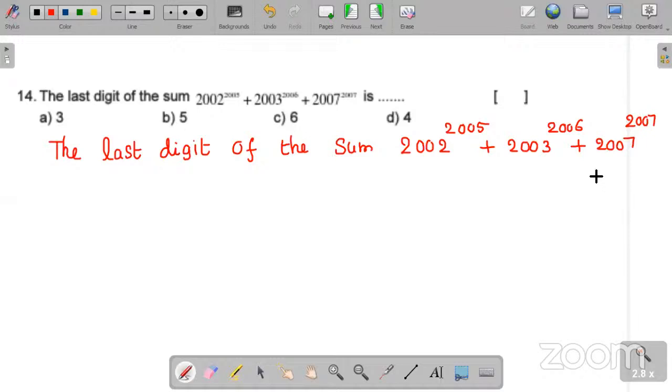So we need to find the last digit of the sum of these numbers.